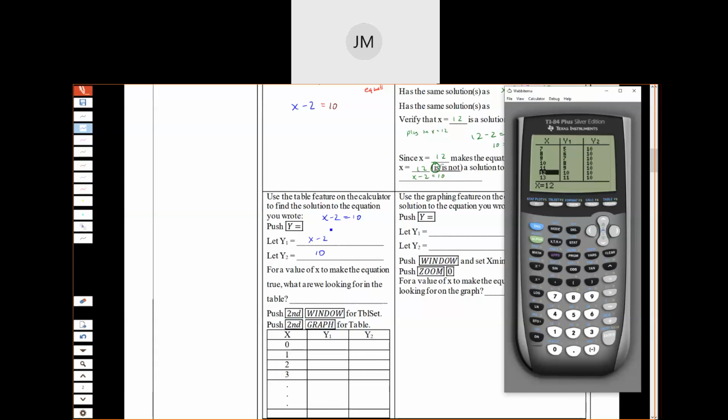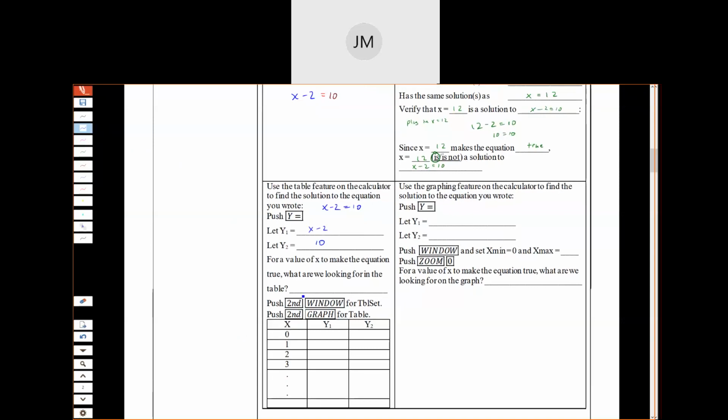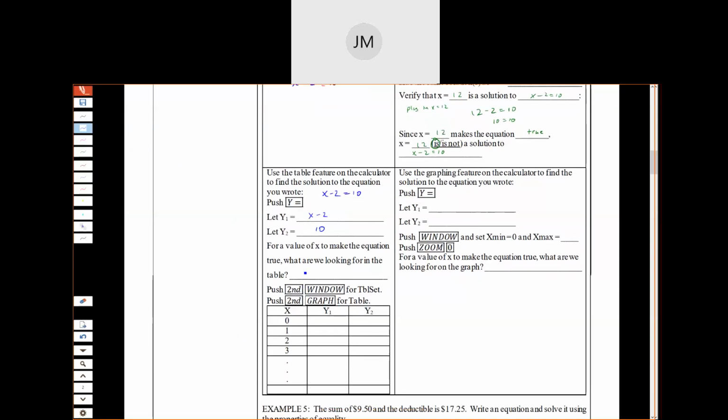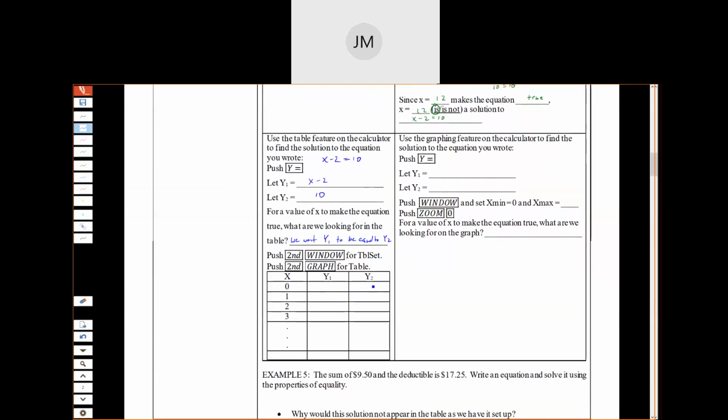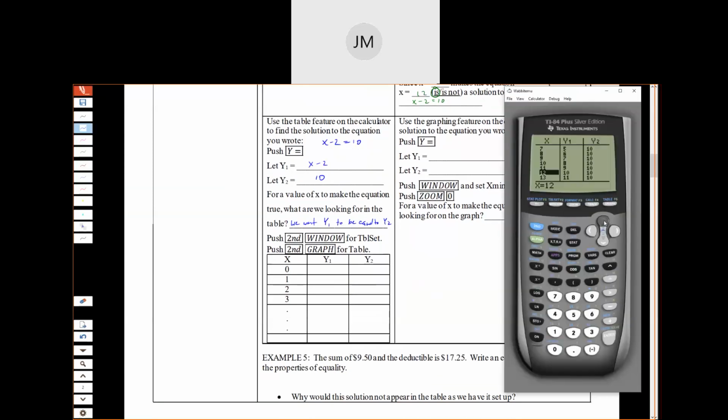Okay. So what we're looking for in the table is the y1 and y2 columns to match. And if I go back up and fill in the first few lines, they don't match initially.